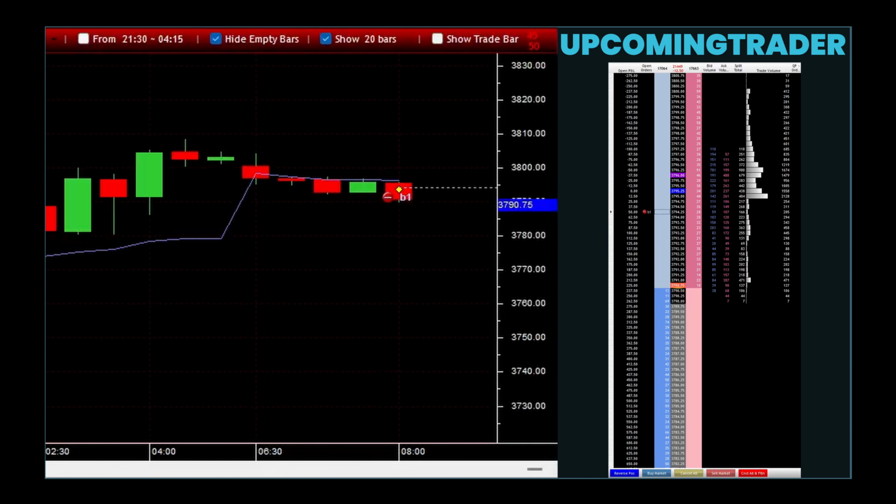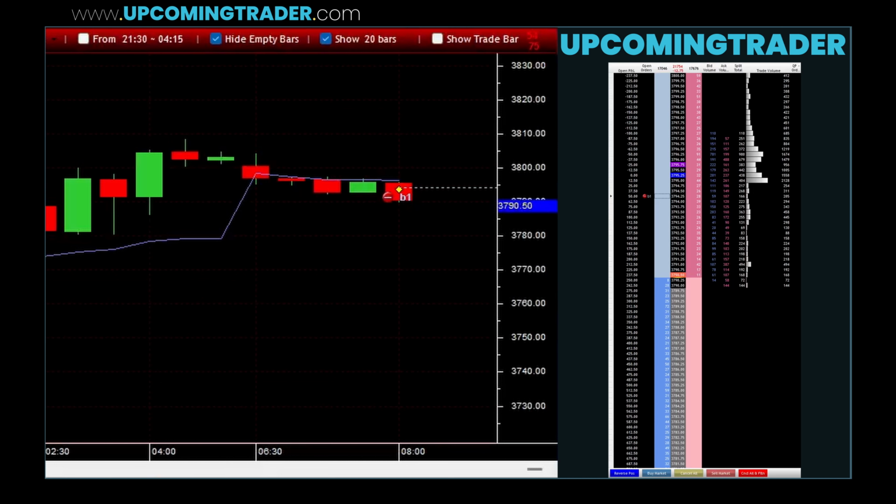This pattern is significant because it can indicate a potential shift in market sentiment. When traders see a long lower shadow, especially in a downtrend or at a support level, it suggests that the selling pressure that had been driving the price down may be waning.